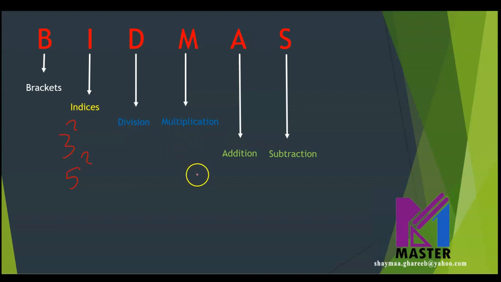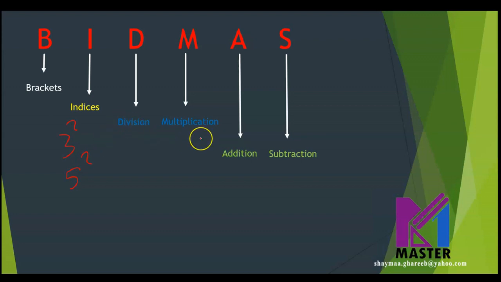In order to solve it, I need to follow this order exactly. If I have a bracket in the sentence, I should start with the bracket. Next in order come the indices. If I have any power, it should be done after the bracket.